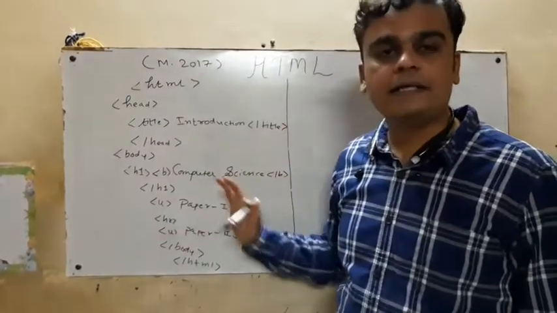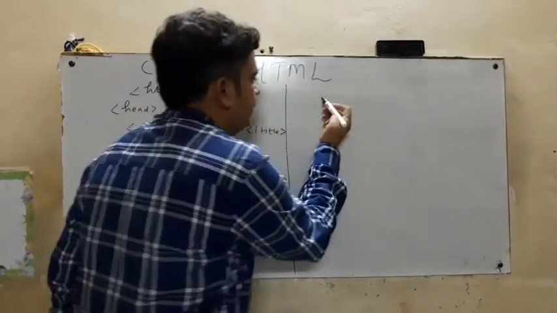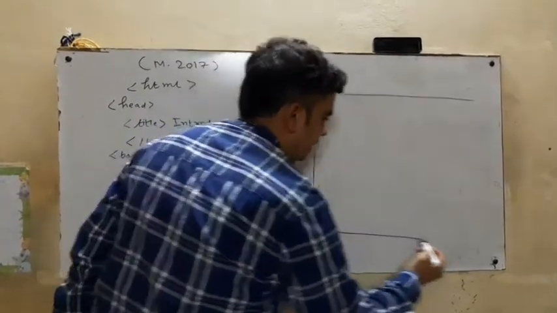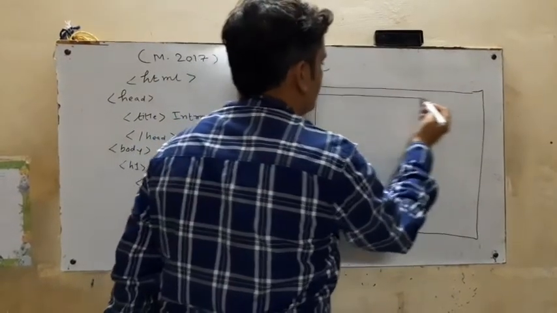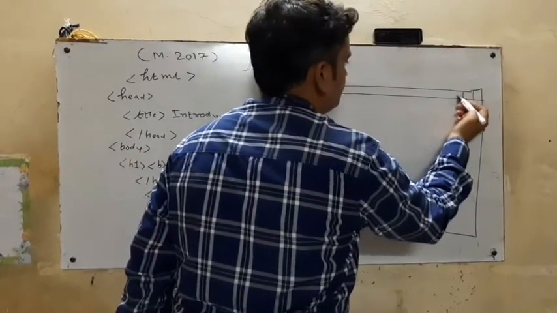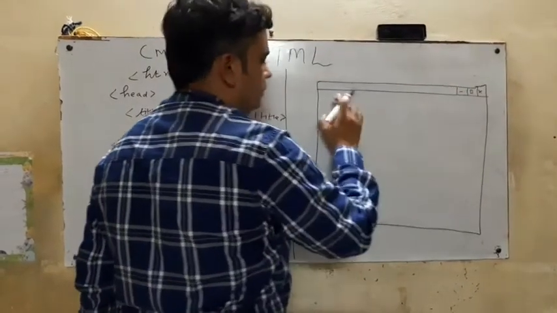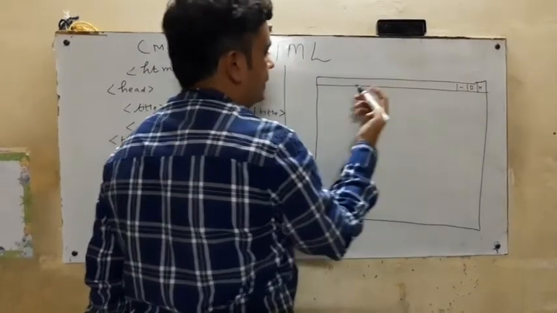Before drawing the output, first of all we have to draw one window. Generally you try to occupy about 75% of the space on your page. At the topmost position of this window is the title bar. These are the minimize, maximize and close buttons.